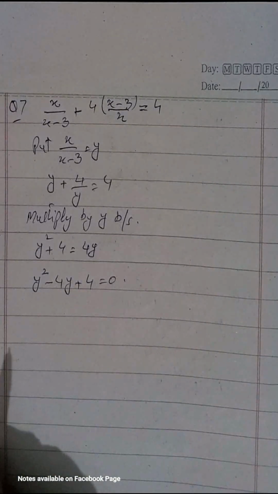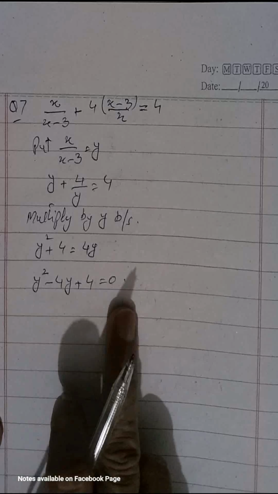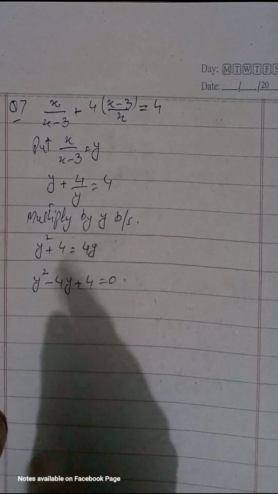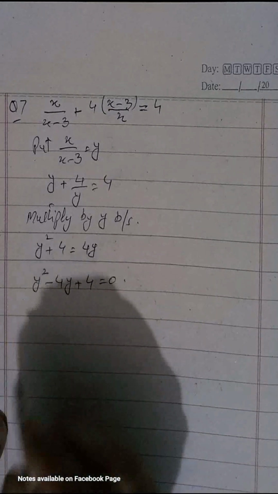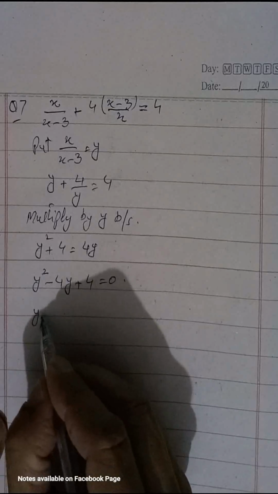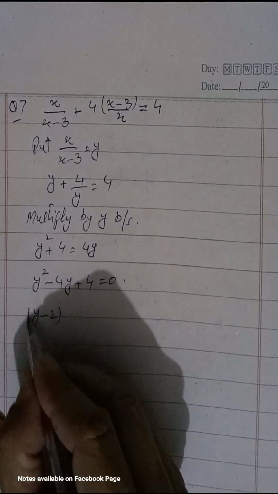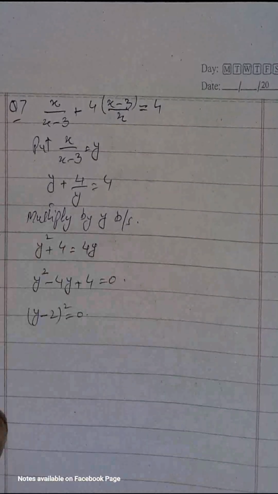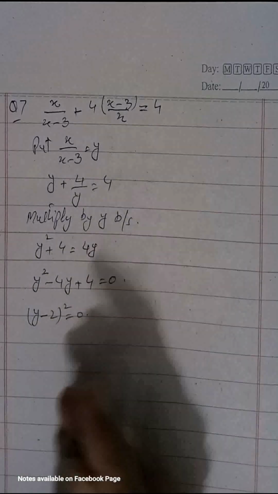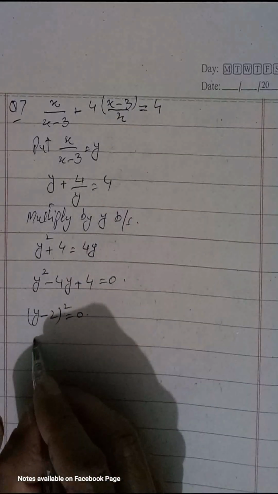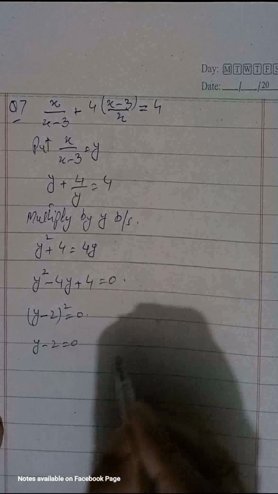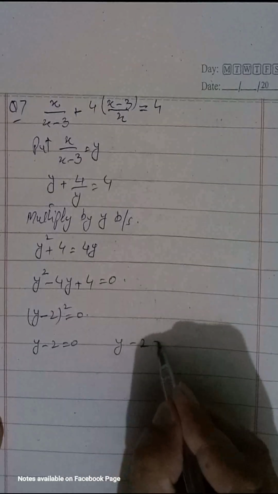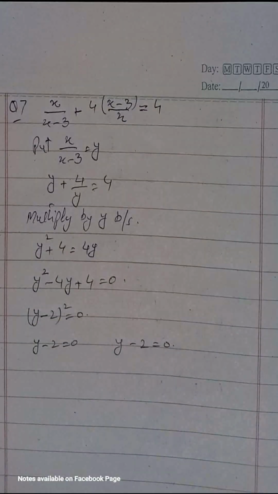And we know that this is the square of (y minus 2) is equal to 0. Here you can further solve it. y minus 2 is equal to 0 and y minus 2 is equal to 0.